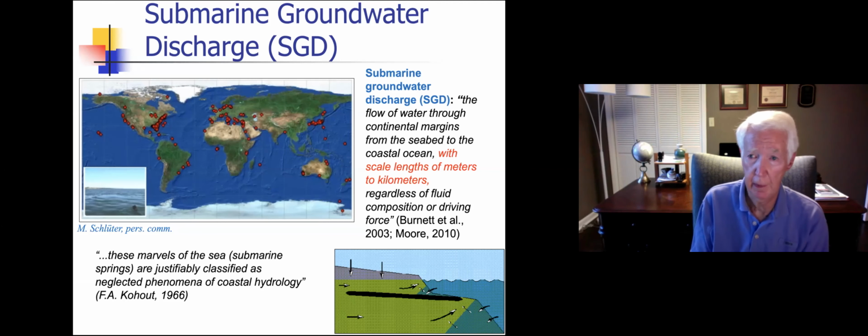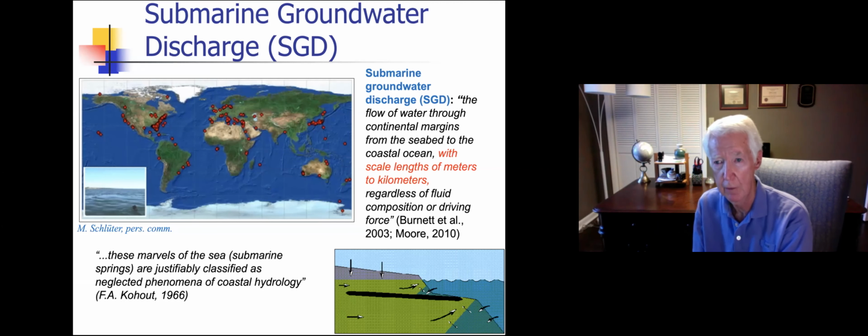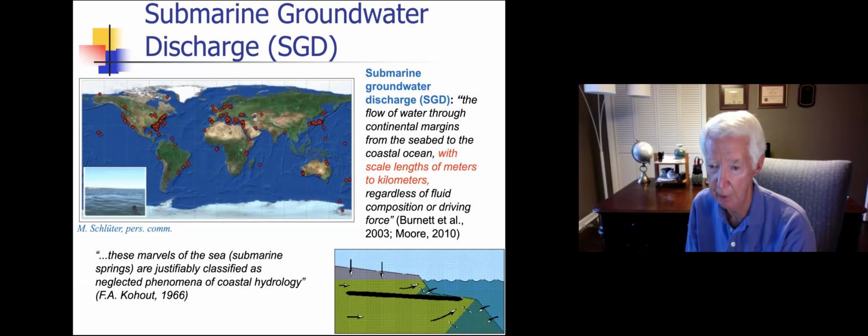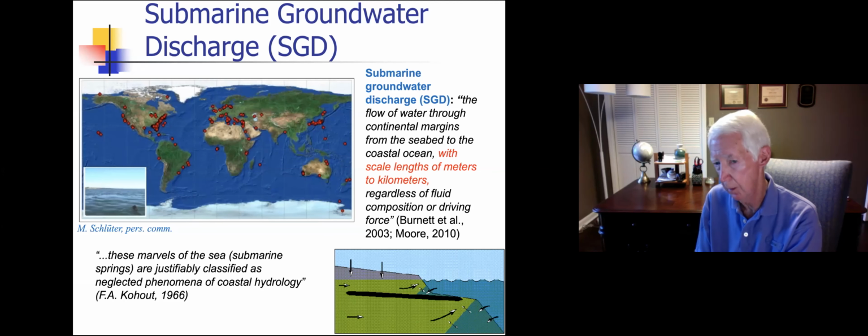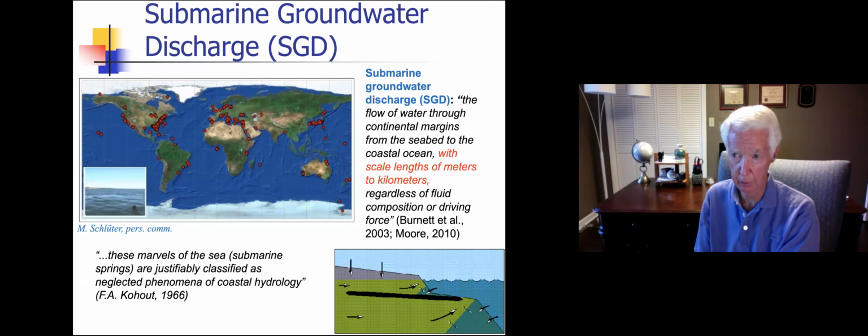We defined SGD as the flow of water through continental margins from the seabed to the coastal ocean, regardless of fluid composition or driving force. So we were pointing out that it doesn't have to be fresh water. It can be salt water as well. The driving force doesn't have to be the hydraulic gradient, although it can be, but it can also be forces derived from marine action.